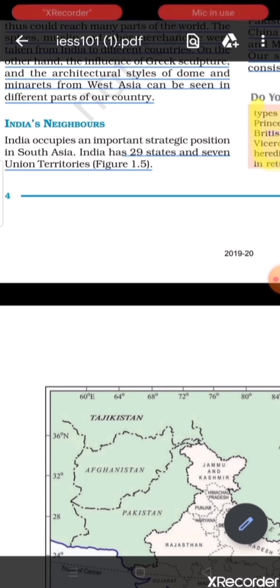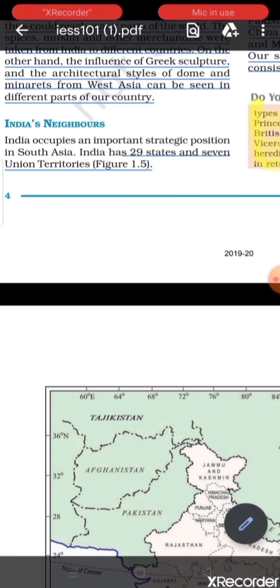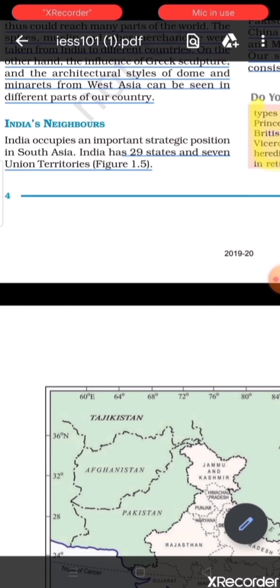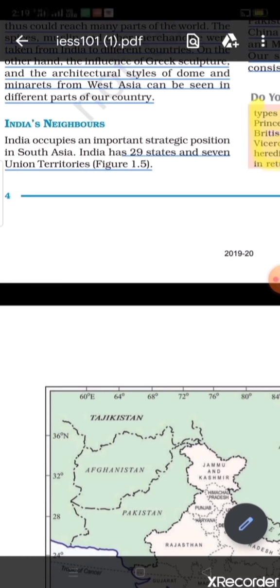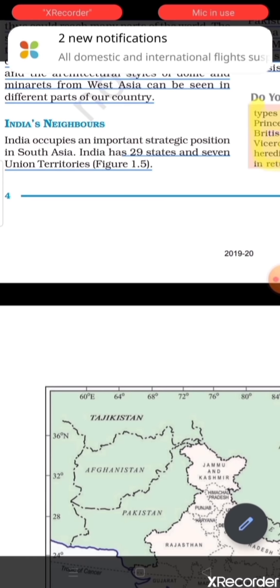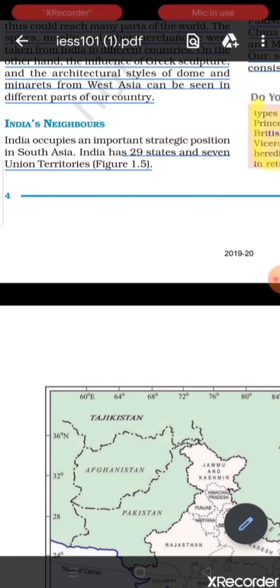I hope all of you are aware that last year our government passed a bill through which Jammu and Kashmir, which was a state earlier, was converted into two union territories, Ladakh and Srinagar. With that, there were 28 states and 9 union territories. But now, students, do you know that there are 8 union territories at present, not 9?